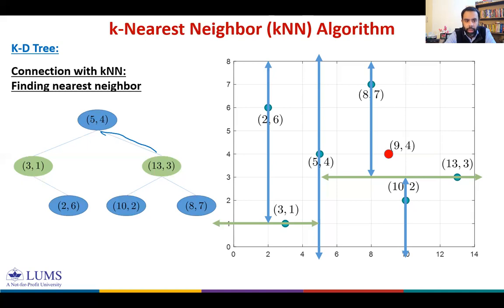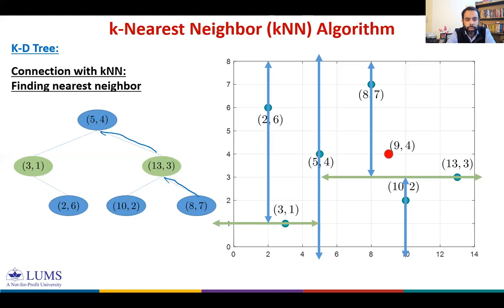Then at the next level, I will compare x2, which is 4, with 3. Since 4 is greater than 3, I will follow this branch. I will keep on traversing this tree until I reach the bottom node, the last node of the tree.